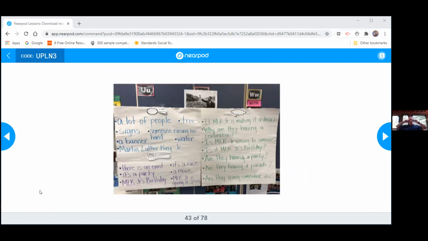I actually created that one in the beginning, the one with Martin Luther King, for a kindergarten teacher. You can see what her students did with that. She wrote all the see, think, and wonders up there and did it as a whole group. Maybe as you're starting off, you do it all together, and that could be your scaffolding to get students started using this strategy.